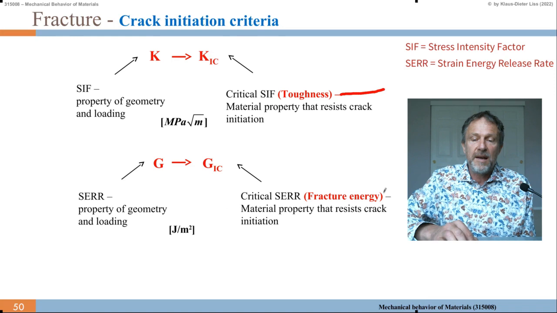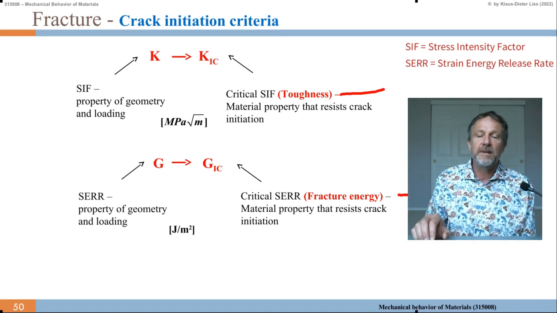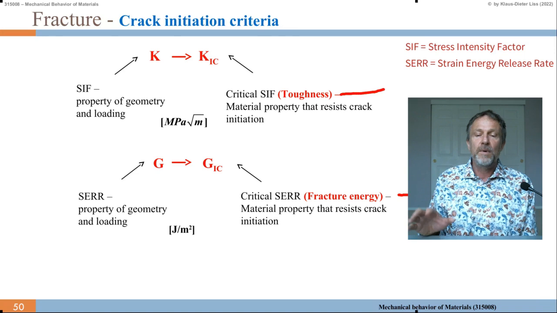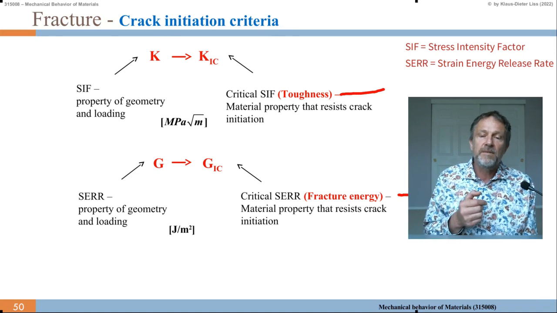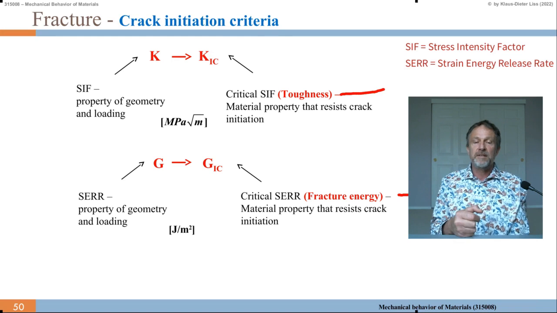So one is a toughness and one is a fracture energy. So how much energy is released when the crack propagates? And the other material constant is how tough the material is.